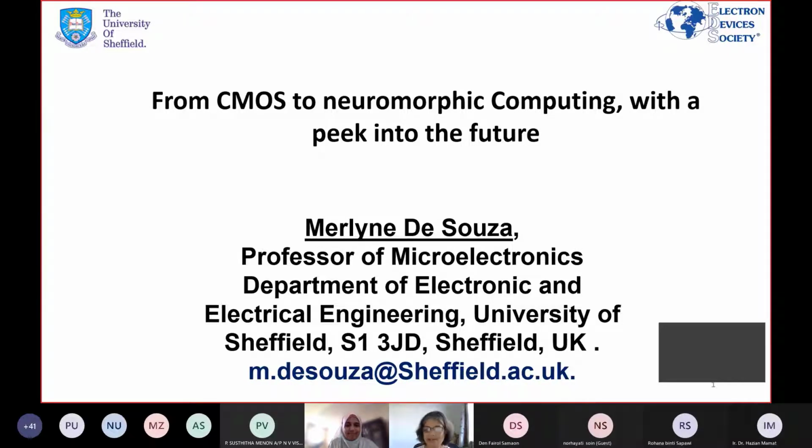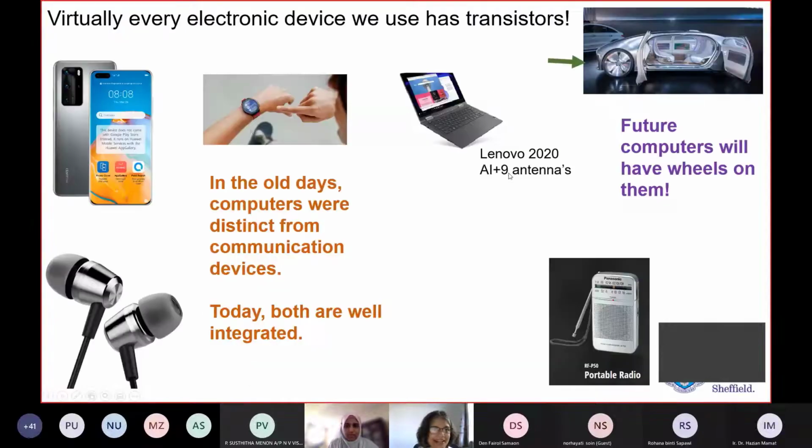Today I'm going to talk about a topic which is quite close to my heart and lies at the basis of all microelectronics, and it's about CMOS to neuromorphic computing. Now, virtually every electronic device that we have has a transistor inside it. In the old days, the computers were quite distinct from communication devices.